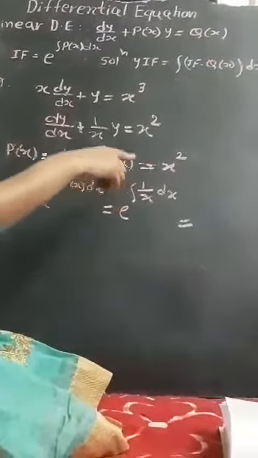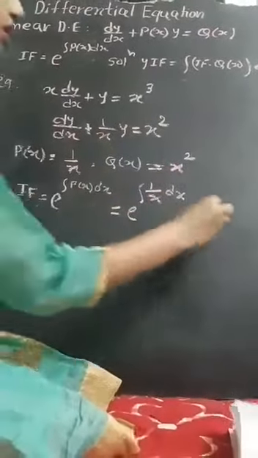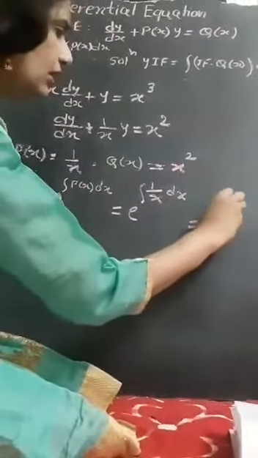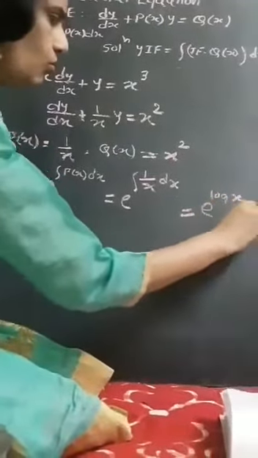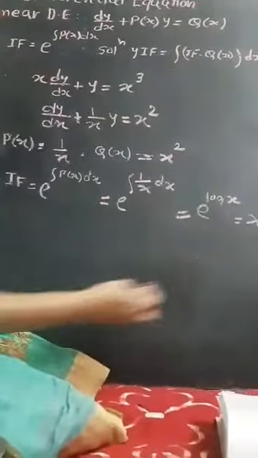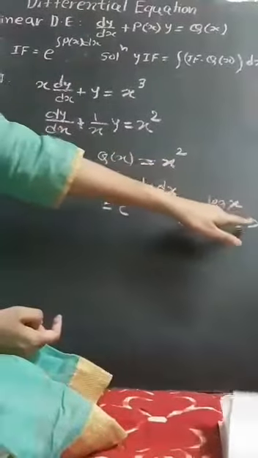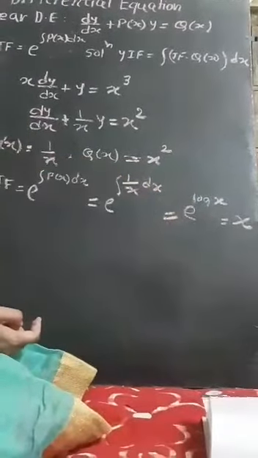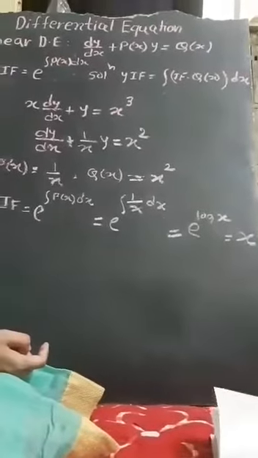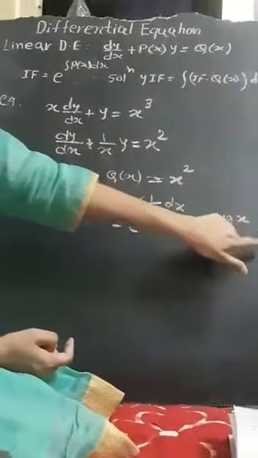So log x derivative is 1 by x, 1 by x integration will be log x. So it will become e raised to log x. Now remember, e raised to log of any function is that function itself. e and log are inverse functions of each other. e raised to log gets cancelled out. e raised to log fx is fx.